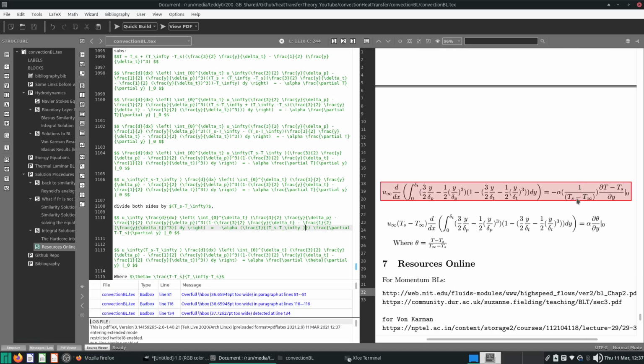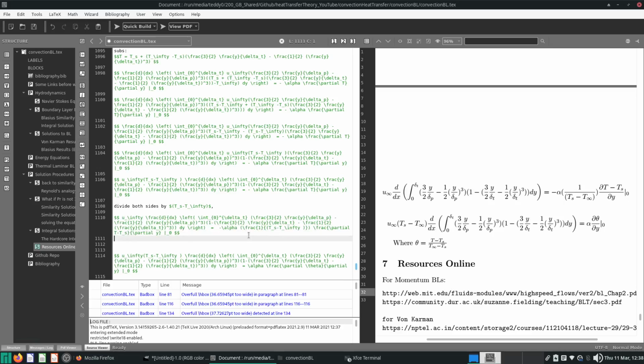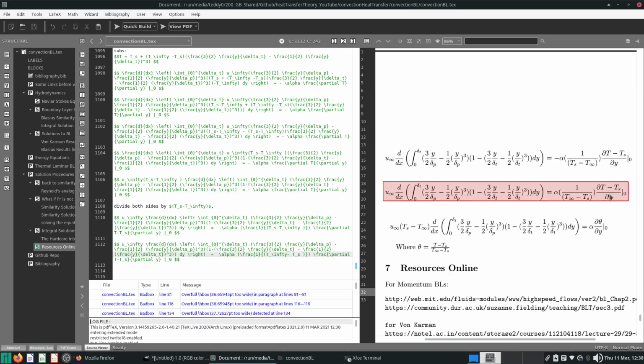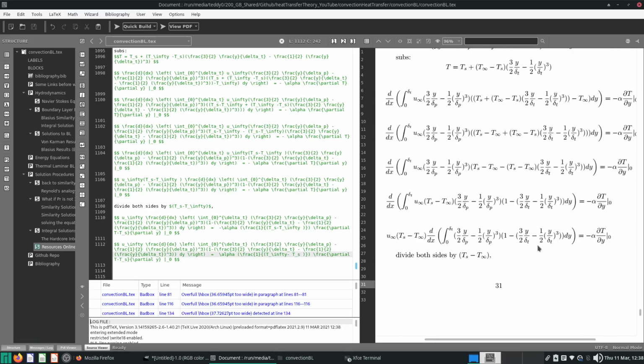I'll just swap the signs around, T infinity minus Ts, and then I can just multiply this in to get theta, which is the dimensionless temperature we were talking about earlier.